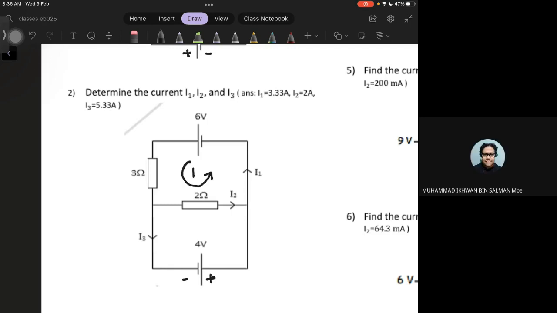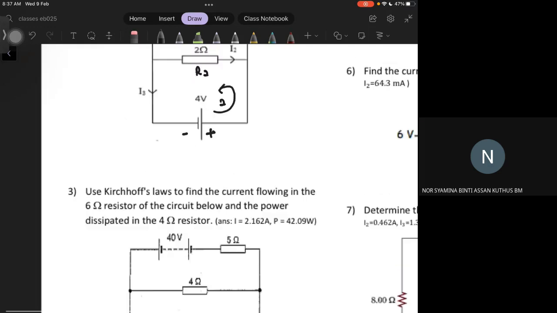Setuju. Kita assume ni R1. Yang 2 ohm ni kita assume dia adalah R2. Alright. So untuk loop yang bawah pula, dia akan jadi macam ni. Setuju? Setuju. Okay, sini pun sama juga. Current in is equals to current out. Direction of the current sama.